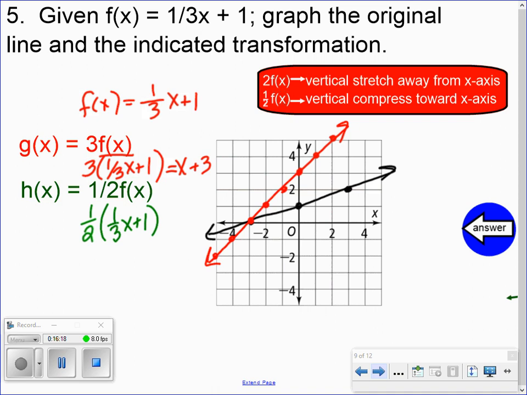So what you'll notice is we'll have 1/6 x plus 1/2. So my y-intercept is now 1/2. My slope is 1/6. So it says go up 1 over 6. I've got to go off a little bit. Down 1, back 6. And again, what we should notice is that it's being compressed towards the x-axis, and in this case it is.